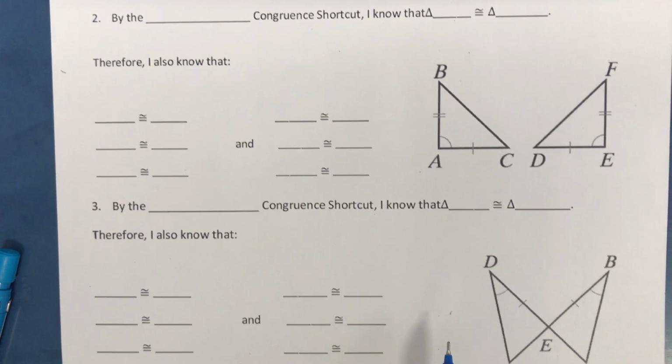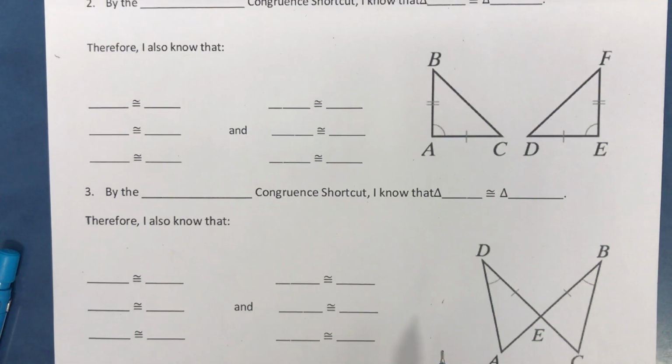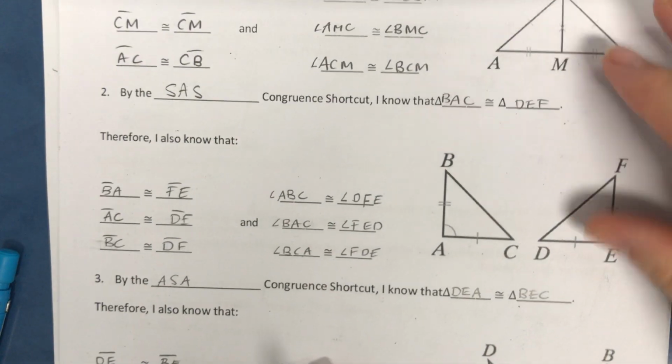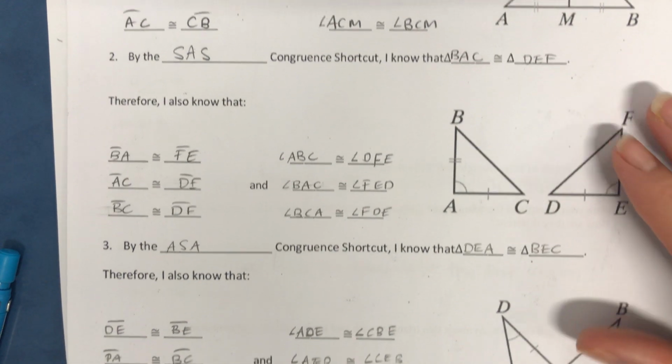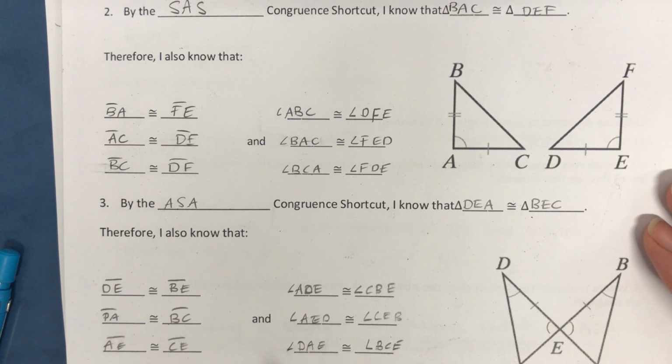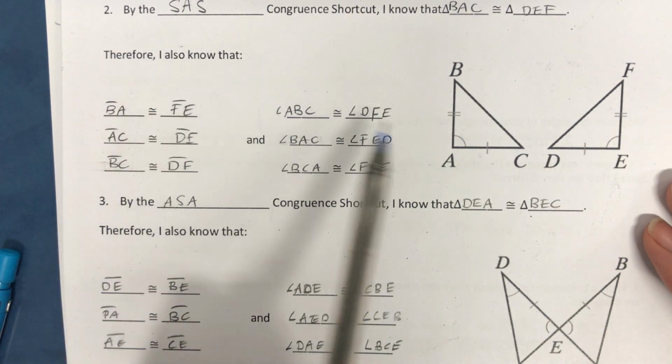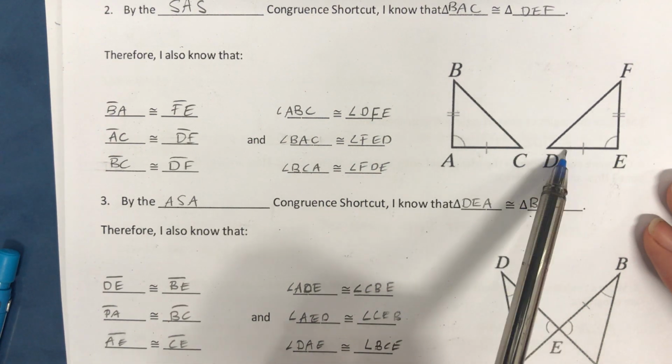So if you want to pause the video and try these two, and then I'll show you the answers right now. But if you pause it, you can do it on your own and then check. So here are the answers to 2 and 3. Number 2 is based on side-angle-side.